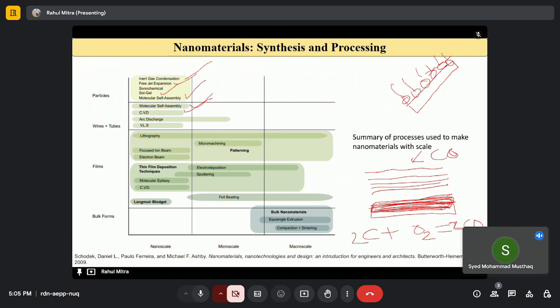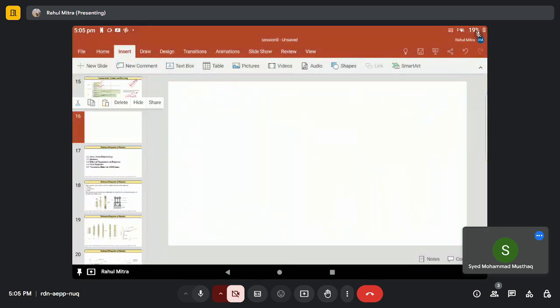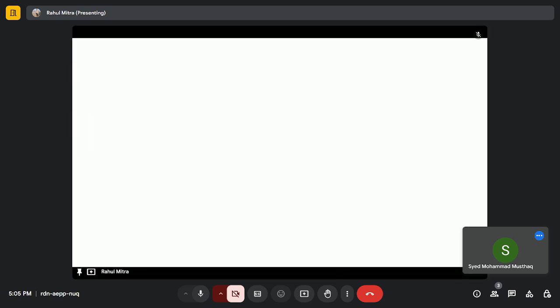The splitting out of solid atoms will happen. So the carbon will form nanofilms. Sorry, not nanofilms, but CNTs. So let's say this is my substrate.